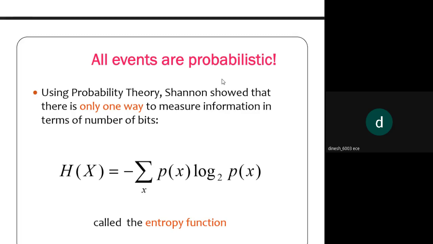This measurement of Shannon's information in terms of H of X, which is a summation or an average of all this, is called the entropy function, which measures the amount of information transmitted in number of bits. The measurement of information in terms of number of bits can only be done by summing all the probabilities of occurrences to the maximum possible limit, which we call the entropy function.